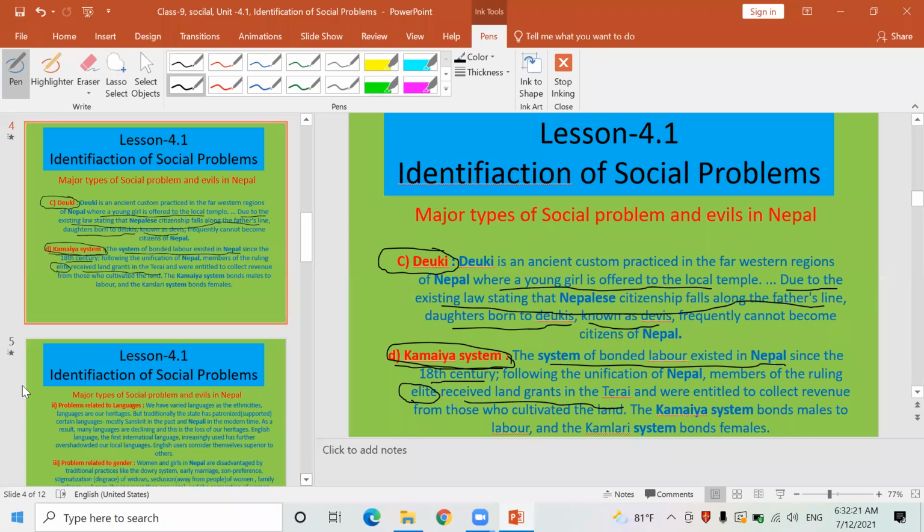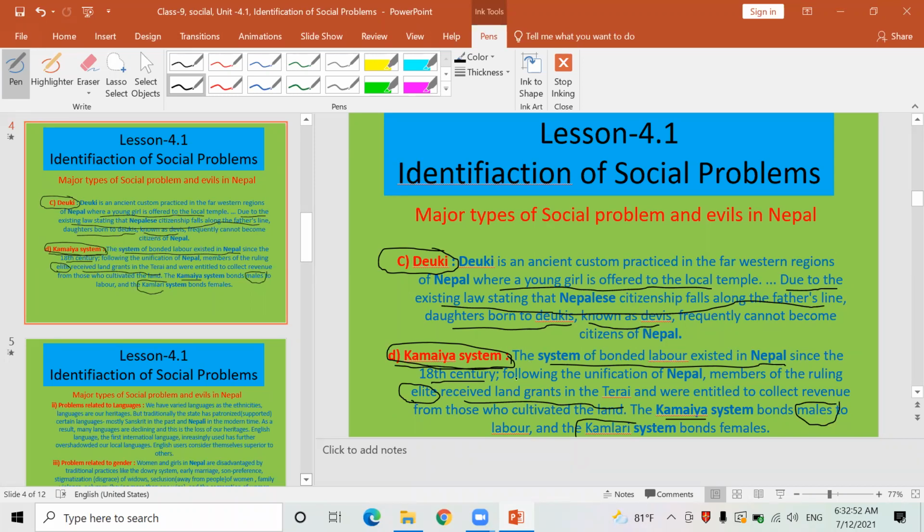As I have told you already, males from the Chaudhary and Tharu communities used to work as Kamaya, and women of the Tharu and Chaudhary communities used to be known as Kamalari. The Kamalari system is also a social problem existing in Nepal.